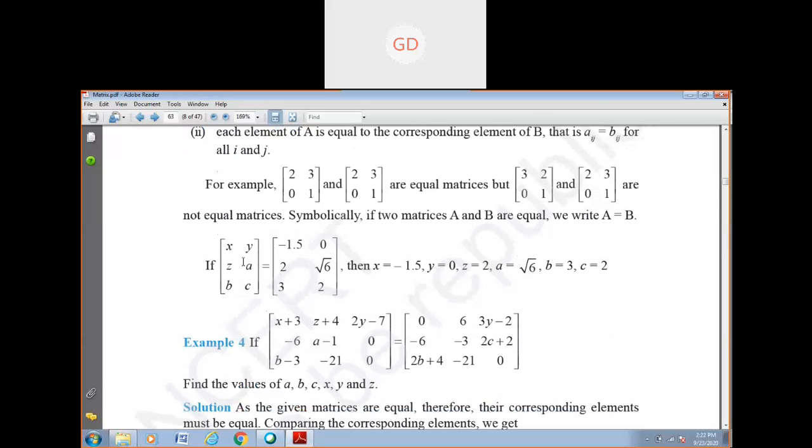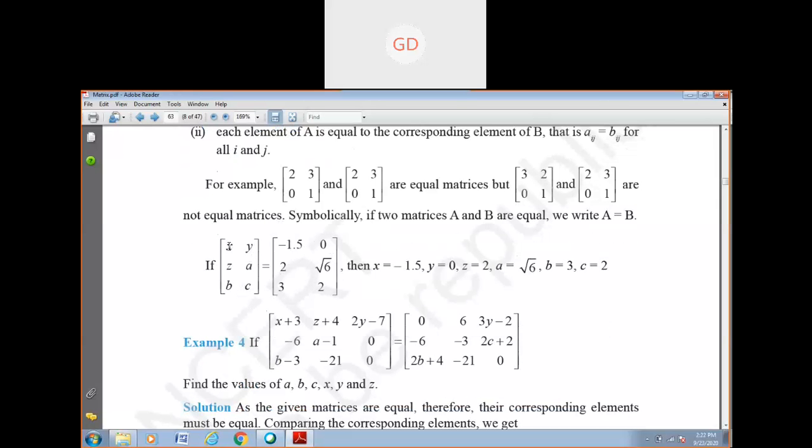But if these two matrices are given to be equal, that means this matrix is equal to this matrix, it is given like an equation. Then by the definition of equality of two matrices, we can say corresponding elements are equal.